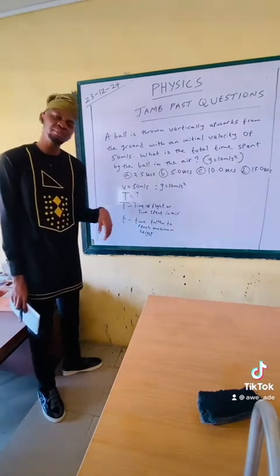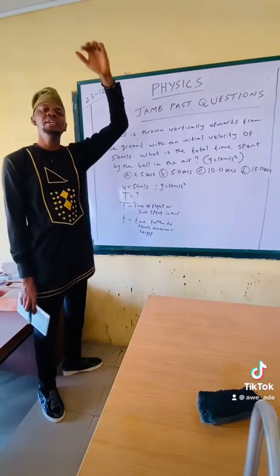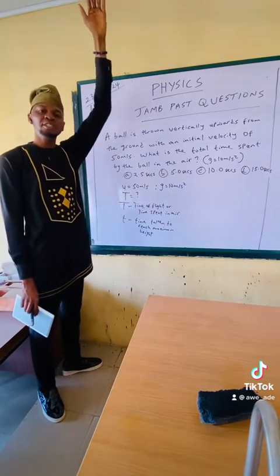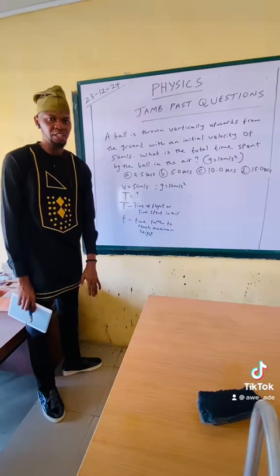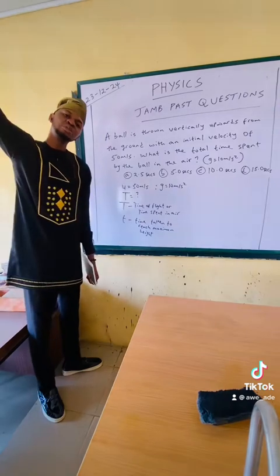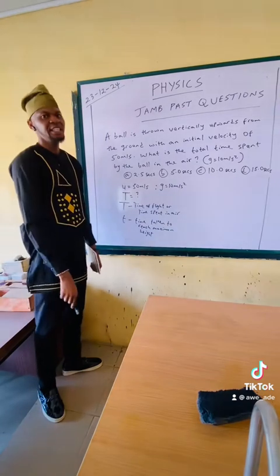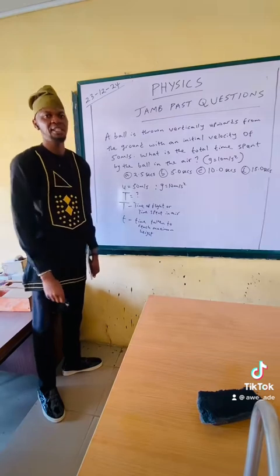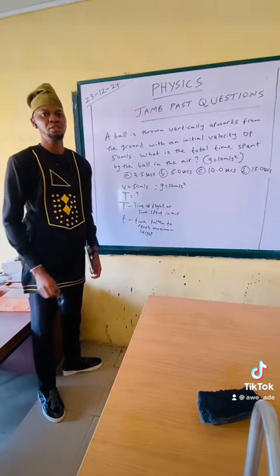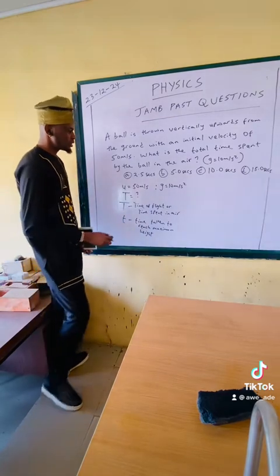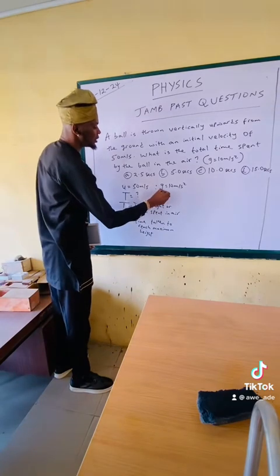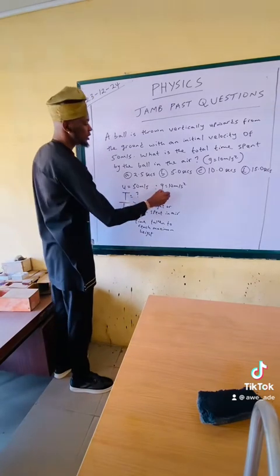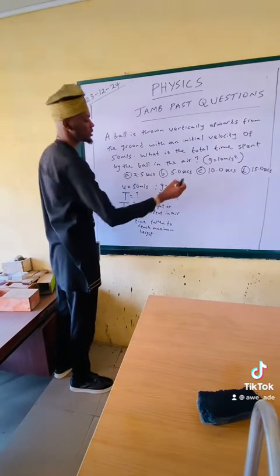The time the ball spent in air is the time it takes to reach maximum height and come back to the ground. And the time to reach maximum height is the same as the time it takes to come back to the point where it was thrown from. That means the big T is equal to 2 times small letter t.